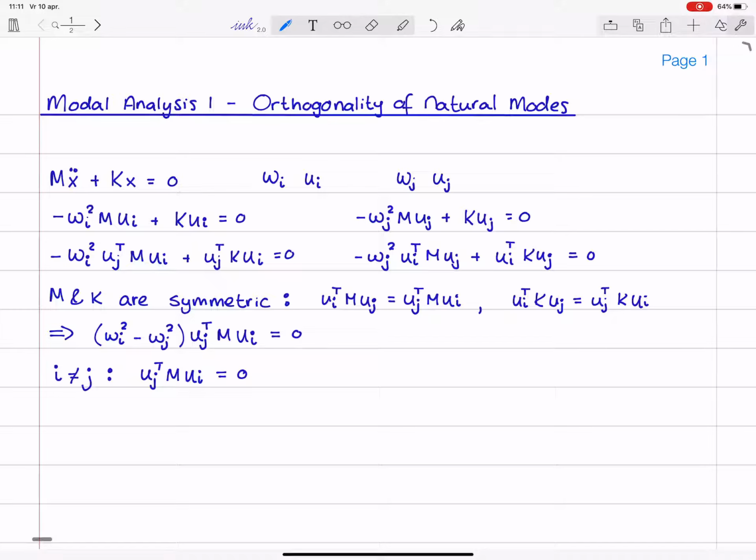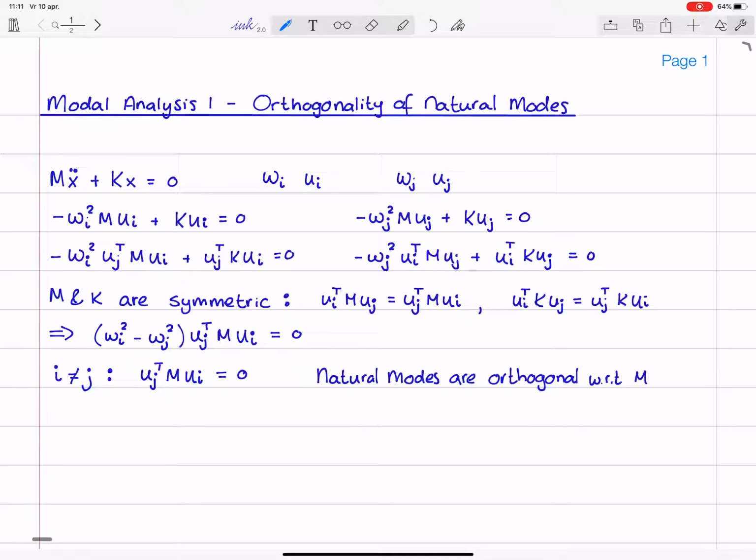Now, this relation is important. It is said that the natural modes are orthogonal with respect to the mass matrix.